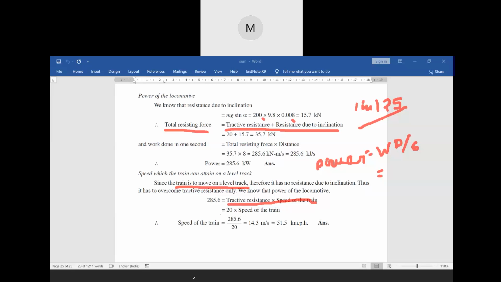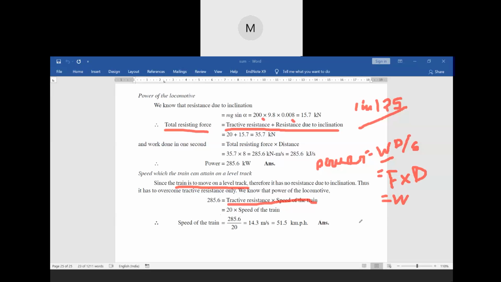So tractive resistance is a force. Then force into distance is work done. The work done per second is what? Power. Force into distance per second. Force into distance is work done.